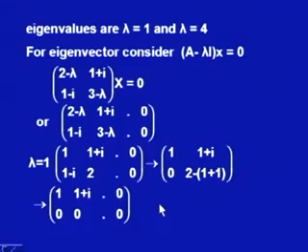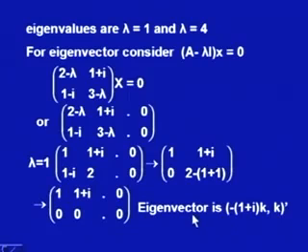That means we can write the eigenvector of the given matrix as (minus 1 plus i) k, k, where k is an arbitrary value. This is an eigenvector corresponding to lambda equal to 1, and when we take k equal to 1, the eigenvector u becomes (minus 1 plus i, 1) transpose. This indicates that it is a column vector, which is actually an eigenvector corresponding to lambda equal to 1.